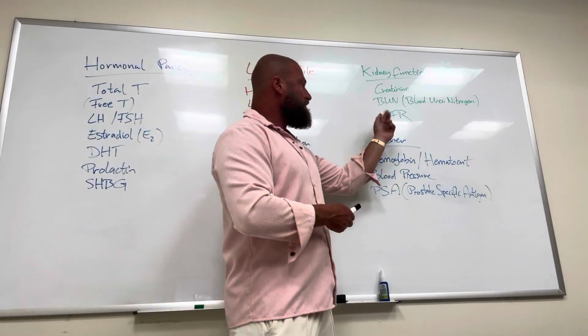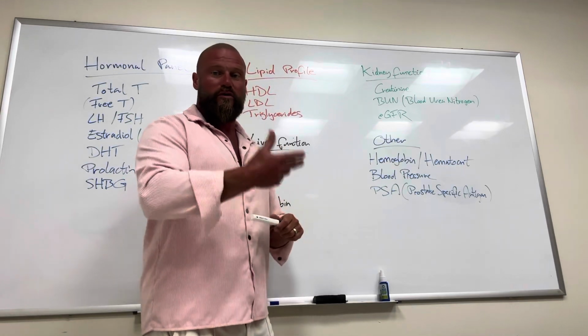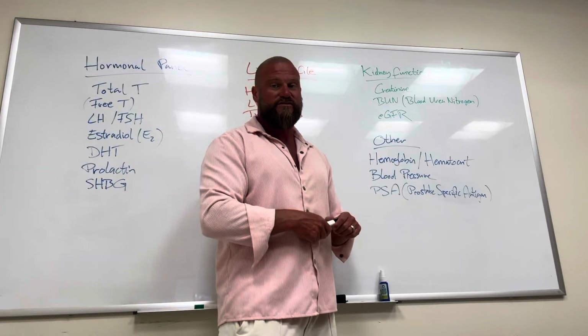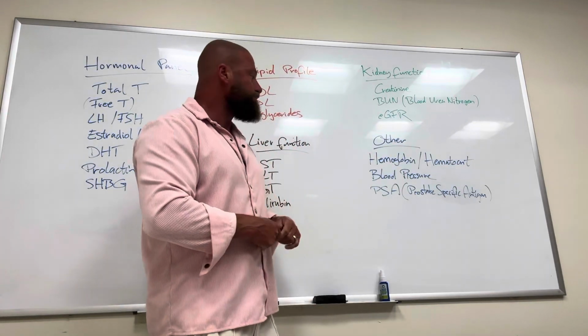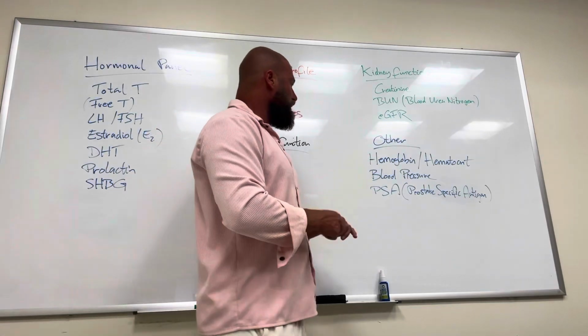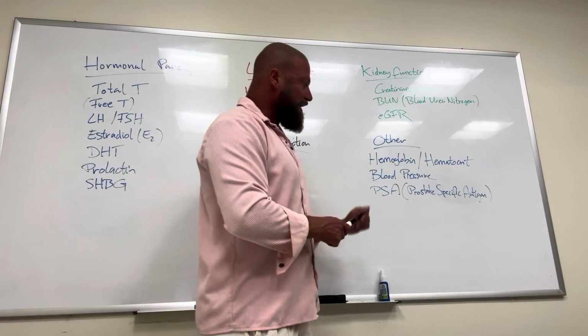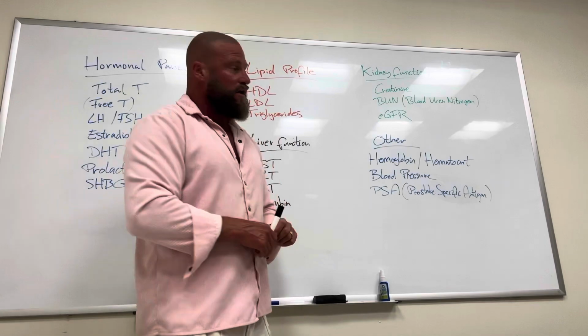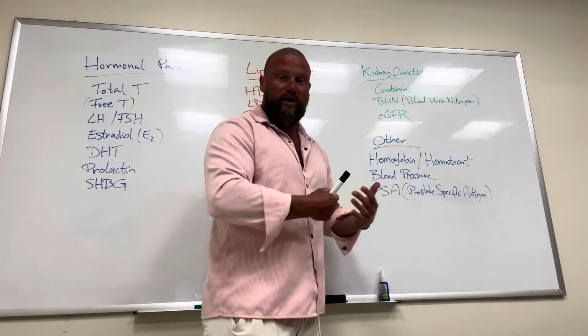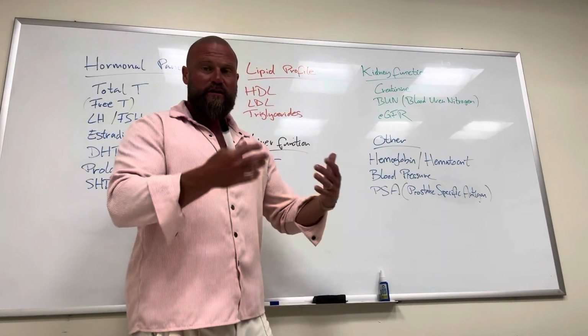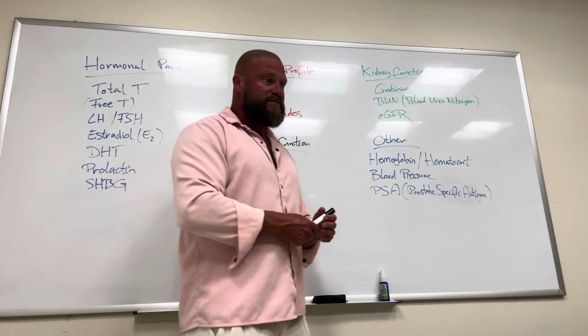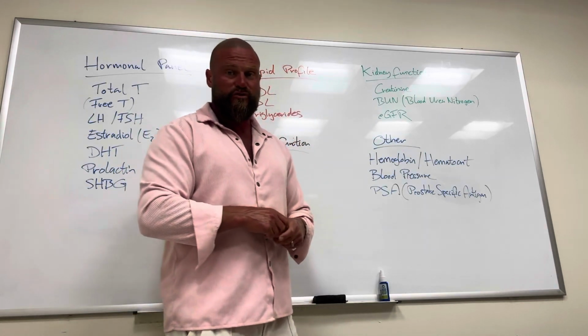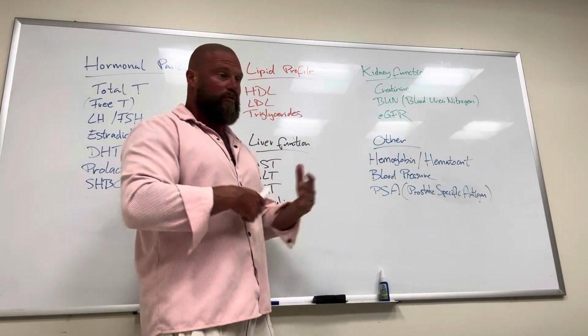But in any case, if eGFR is too low, I would recommend doing further tests to look into your kidney health. Then we have hemoglobin and hematocrit, very important. It's basically how many red blood cells you have in your blood. Red blood cells are great for endurance. They transport oxygen to our muscles. So the more we have, the more endurance we have.